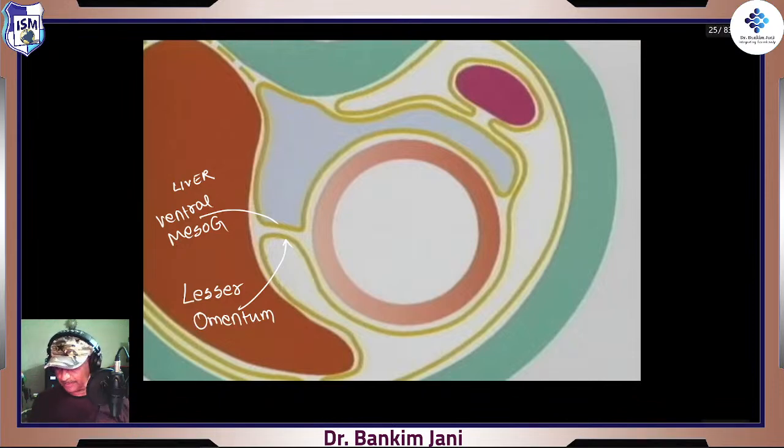Now, in case you are even slightly disoriented, remember that this is the area which, if you watch it in vertical section, is where the lesser curvature of the stomach was getting formed. True? Because the dorsal mesogastrium was developing the greater curvature. Am I clear? Okay.